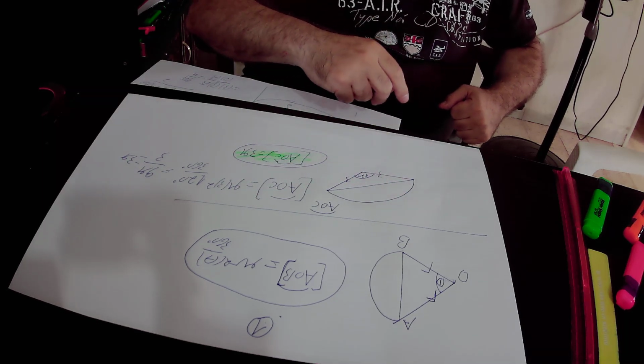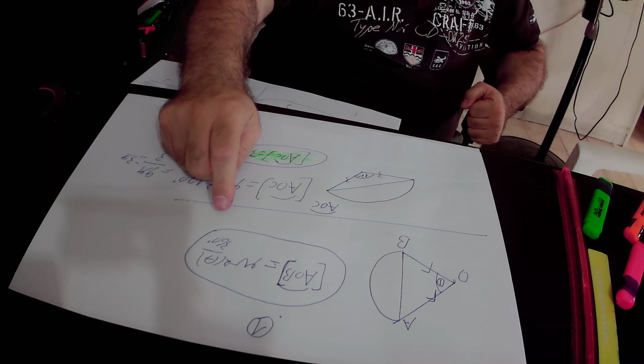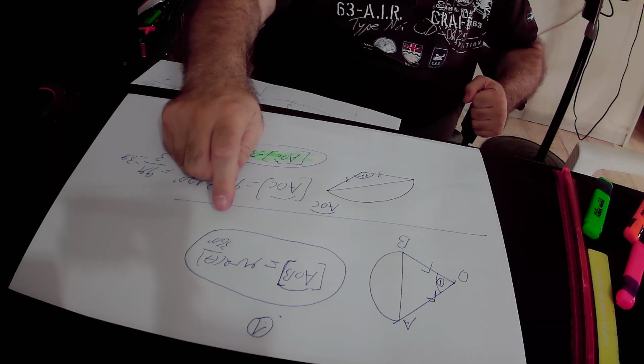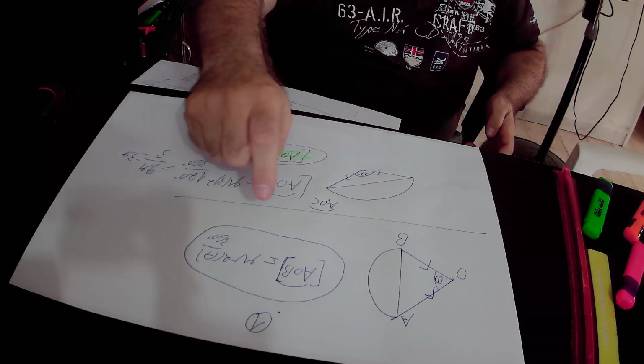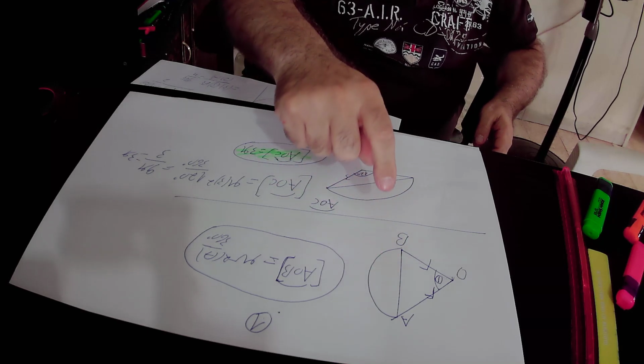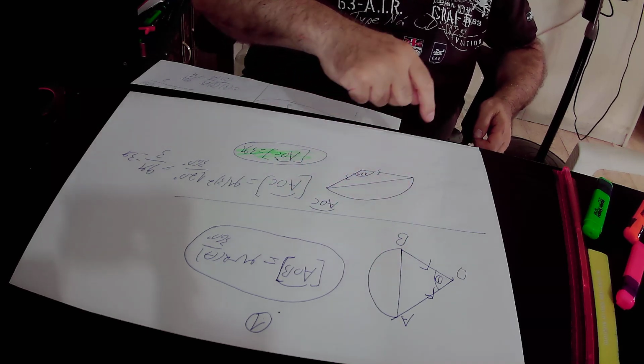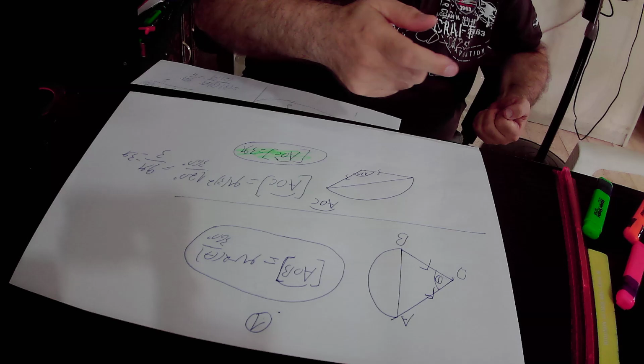Again, theta over 360 degrees is a ratio that gives us the relative percentage that this sector occupies out of the area of the entire circle.